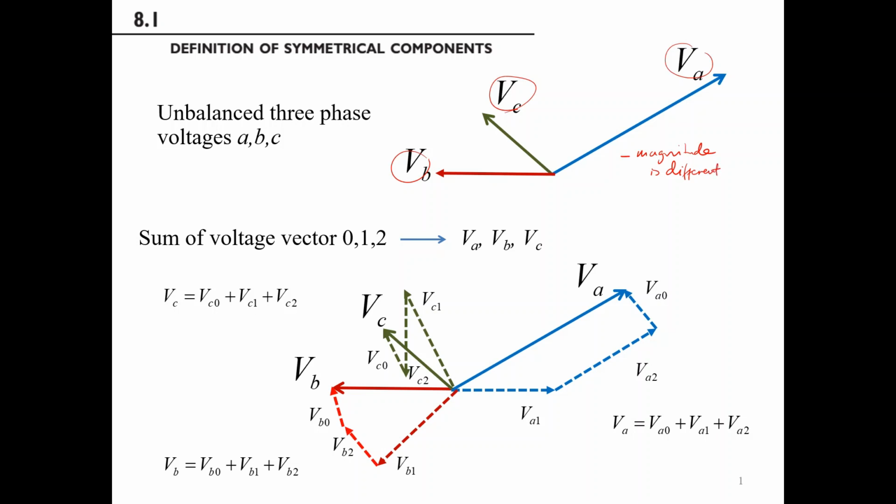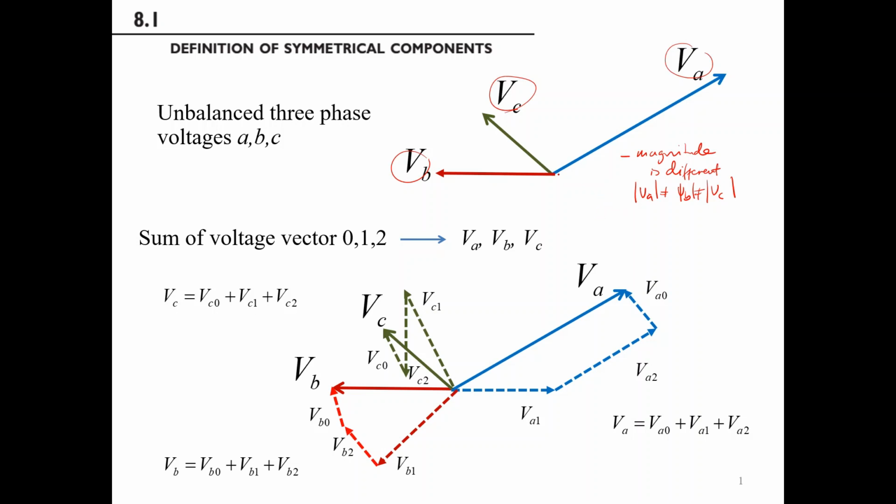The magnitude of VA is not equal to VB, which is not equal to VC, or I would add absolute values for the sake of clarity.